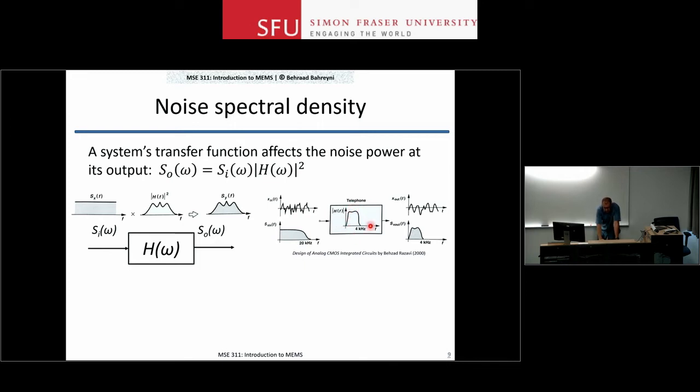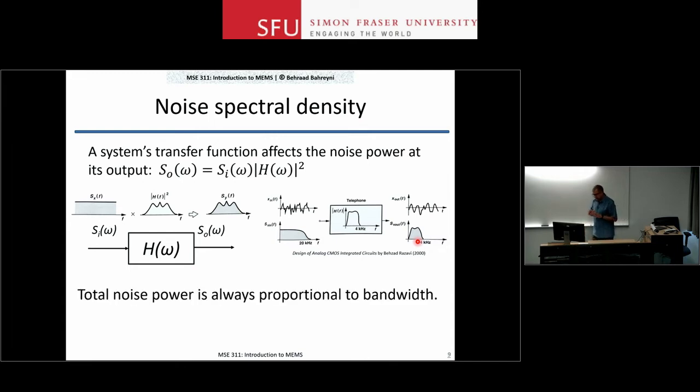So they pass this through a band pass filter. Your signal will become a bit smoother. In time domain, if you look at it, you get rid of some of those sharp peaks. In frequency domain, if you assume the signal response was relatively flat, you essentially see a strong influence of your system on the power spectral density of the signal at the output.